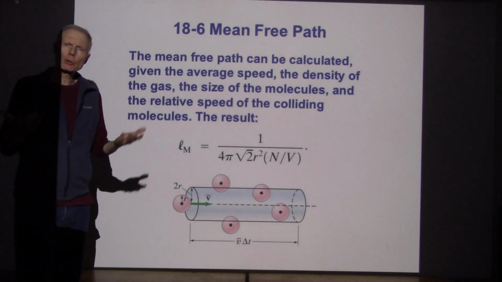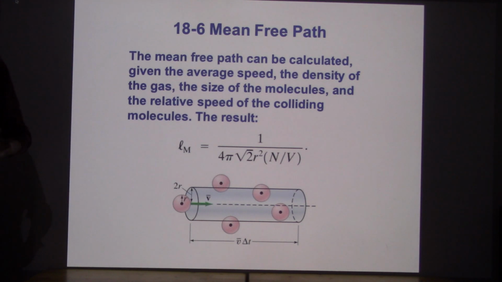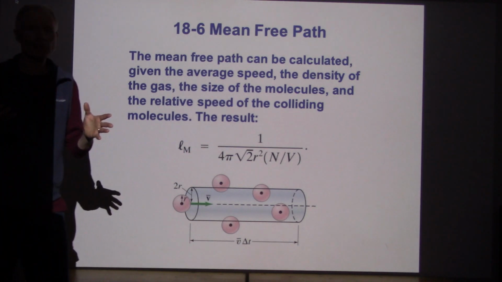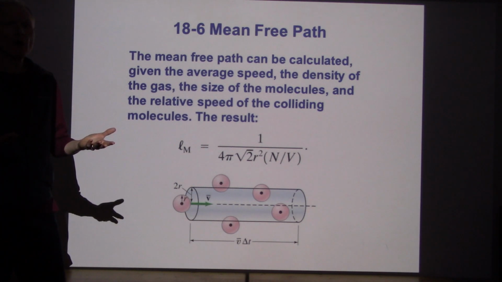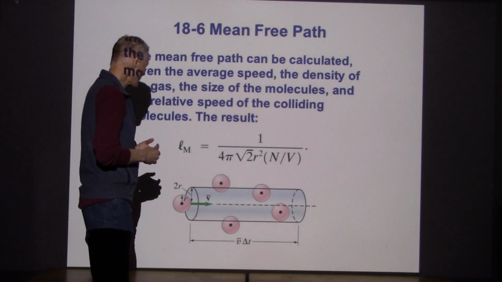The more molecules per volume, the shorter the mean-free path is going to be, right? If the molecules are packed together more closely, I'm not going to be able to travel very far before I hit another molecule. So the derivation looks something like this.